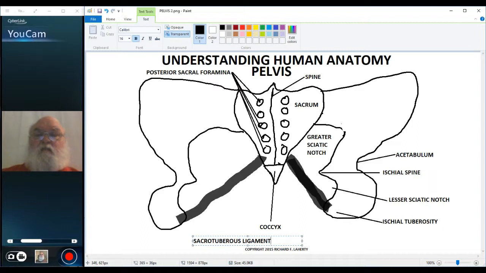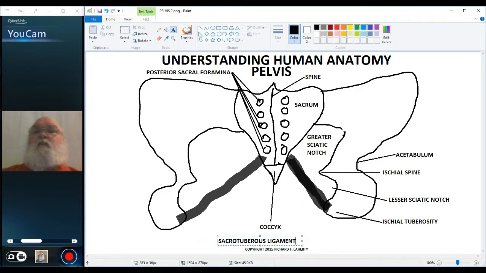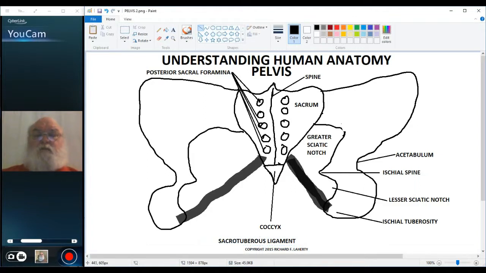Put the label somewhere here in the middle, so that when I draw the lines, I can draw a line to each of these ligaments, there and there. And you see that that creates an irregularly shaped hole composed of the greater and lesser sciatic notches and this ligament.